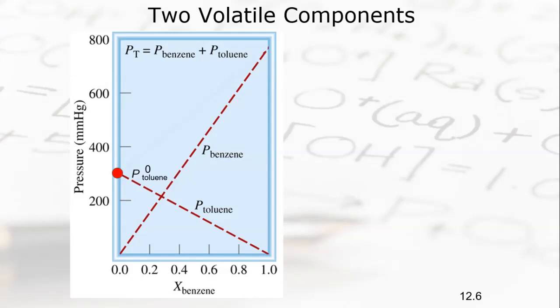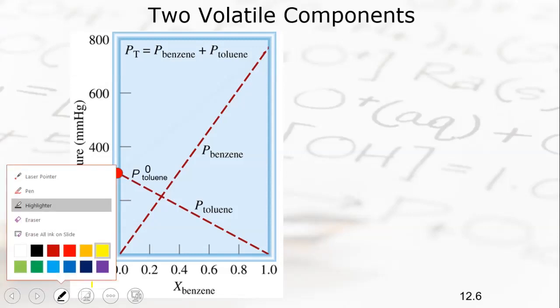Now, if I were to add the vapor pressure of one plus the vapor pressure of the other one, I notice that at the end of this process, when there is essentially just benzene and no toluene, I'm going to end up over here at the top.